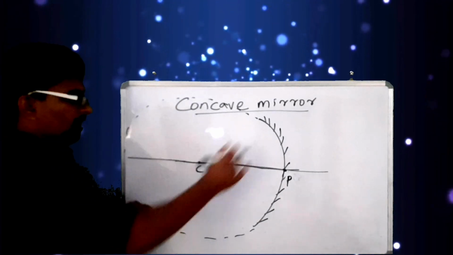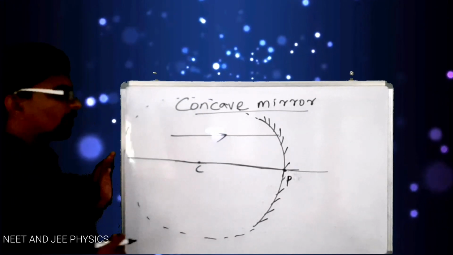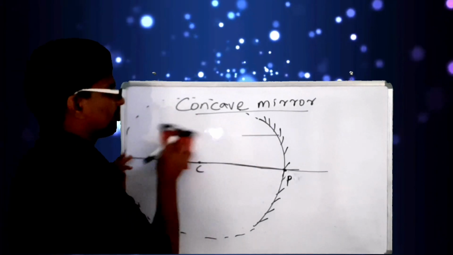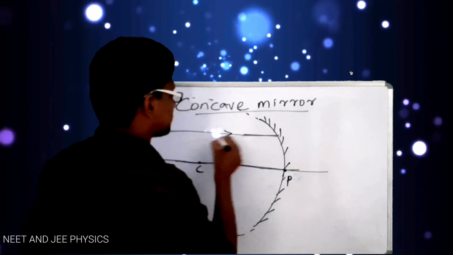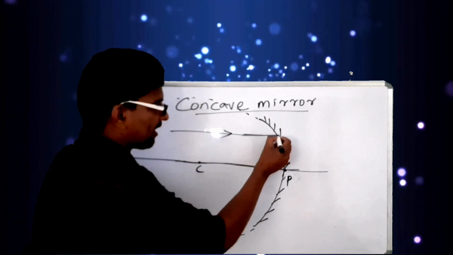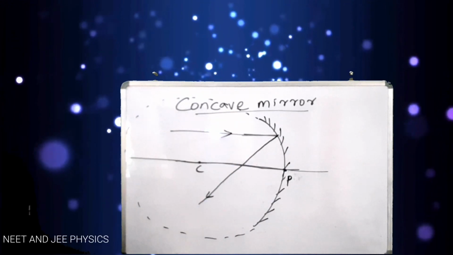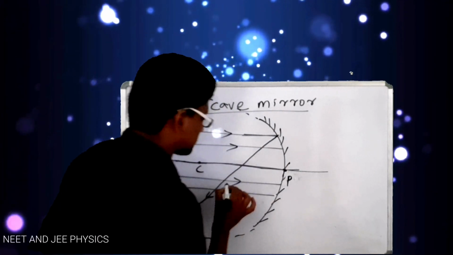Then when a ray of light goes parallel to the principal axis, after the reflection, it definitely reflects towards the principal axis. So these are the incident rays going parallel to the principal axis.